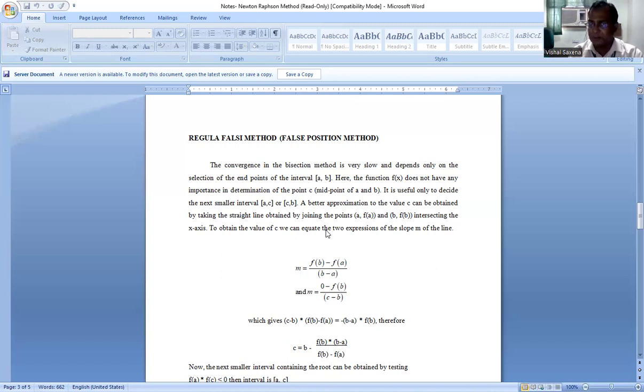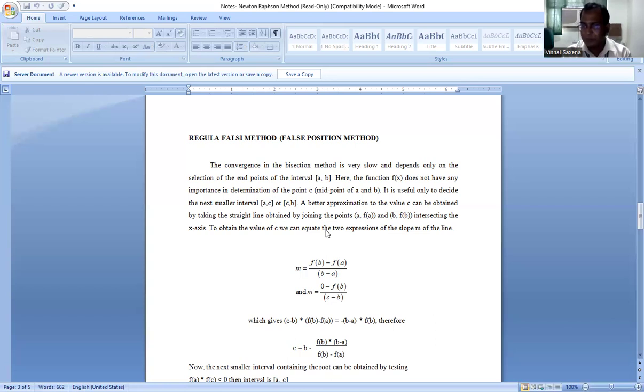By these two conditions we find the slopes. One slope m is given by f(b) minus f(a) upon b minus a, using y2 minus y1 upon x2 minus x1. Another expression comes from the points c comma 0, lying on the x-axis, and b comma f(b).